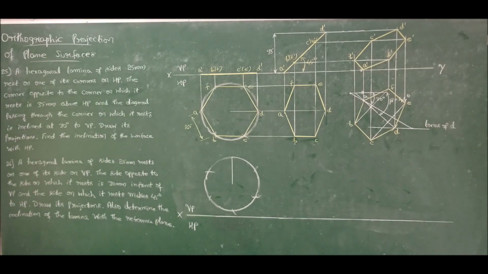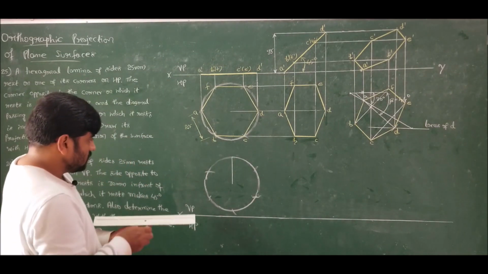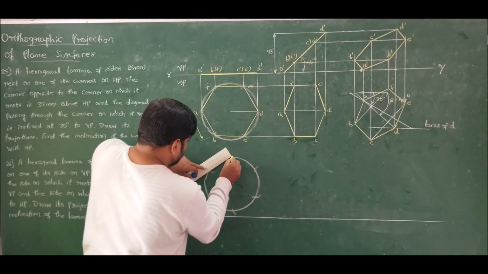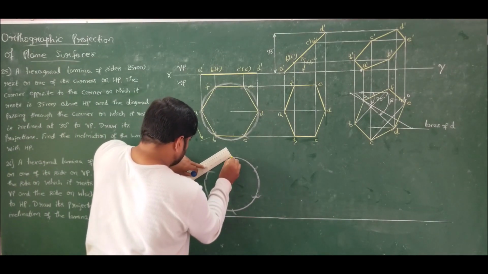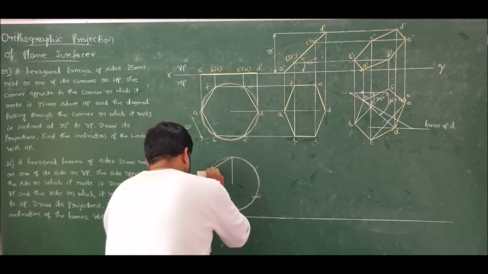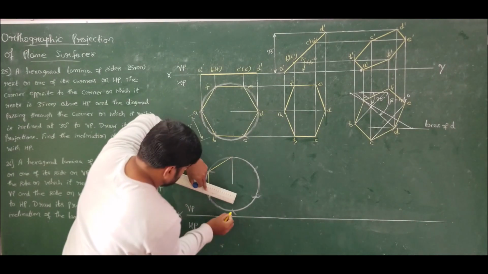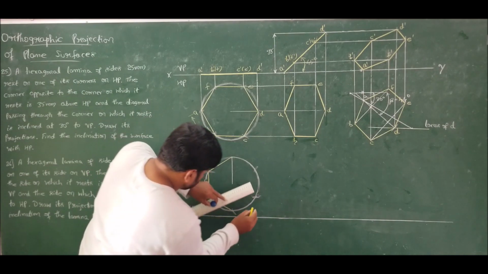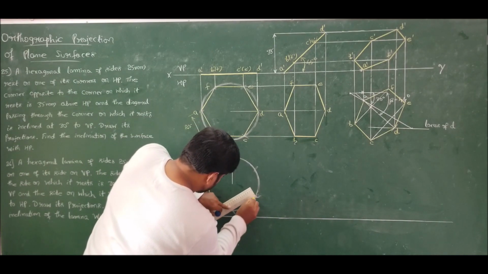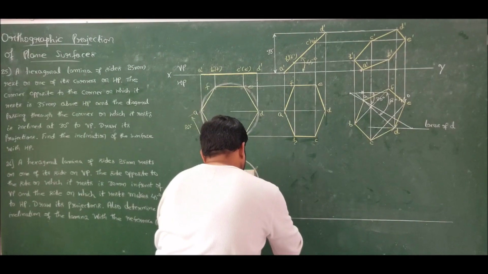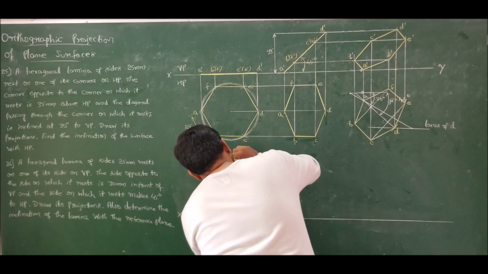Now join these arcs to get the hexagon. Done. I joined all these corners. That completes the required hexagon.